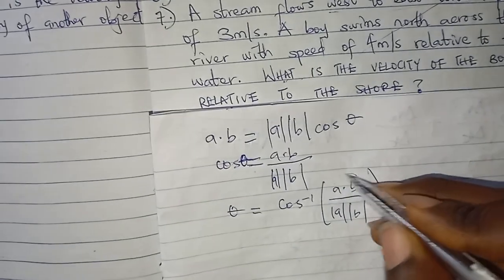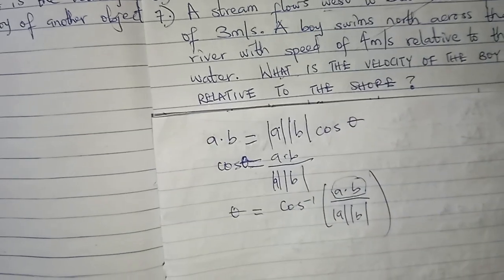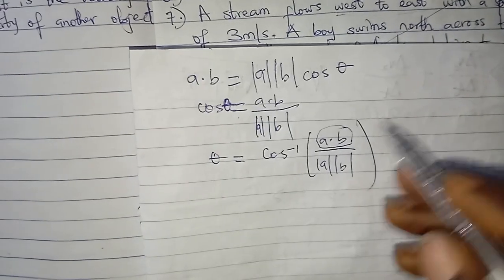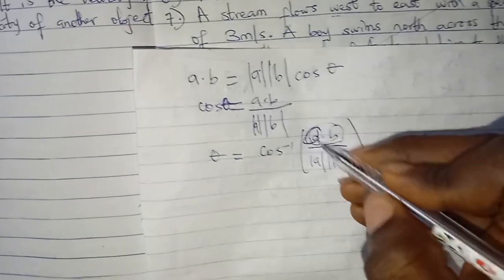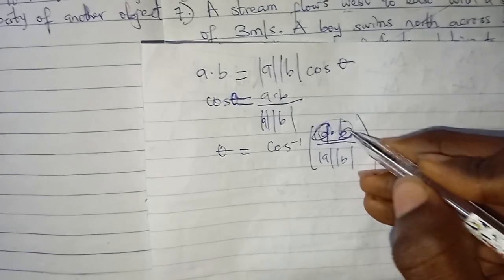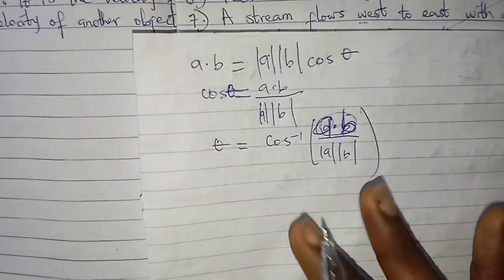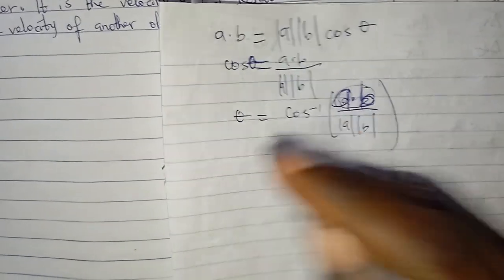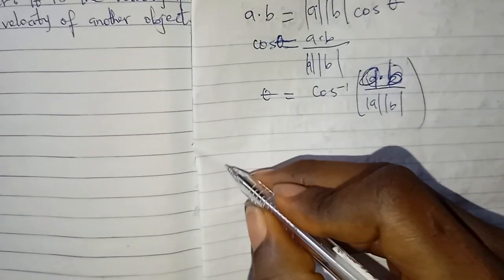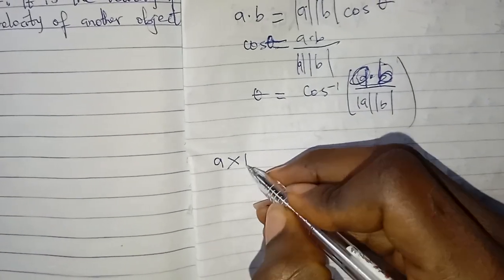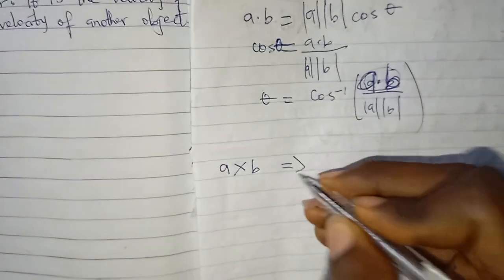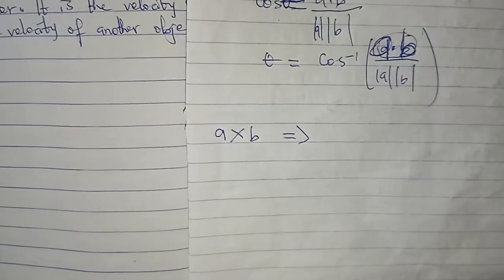Notice that here I did not do anything like magnitude, it is just a dot b. But for the cross product, I will first go and find a cross b. Get what a cross b is.